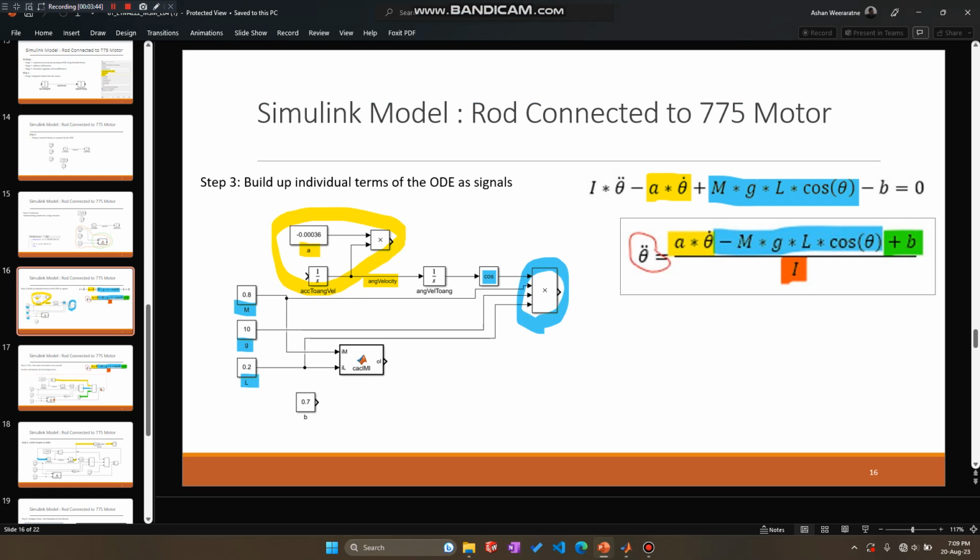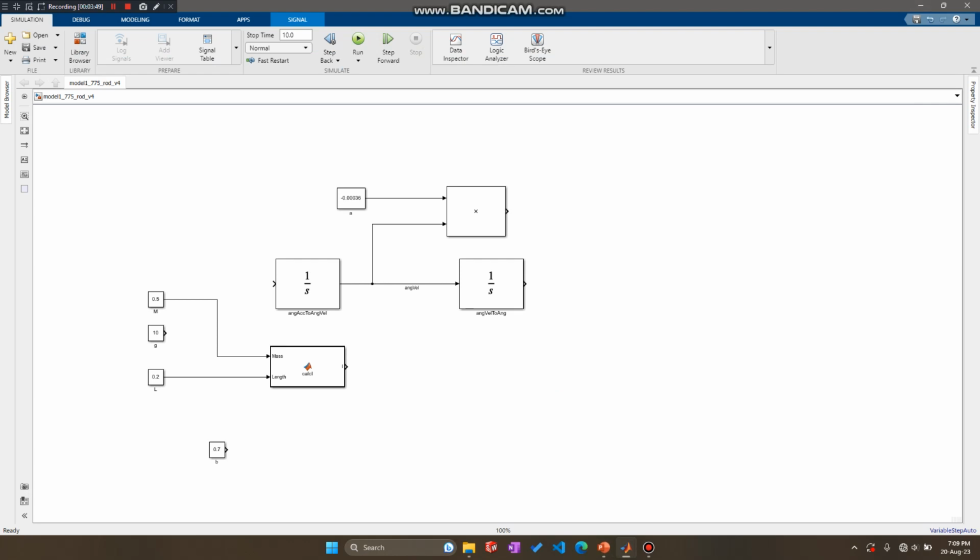So now let's take a look at this blue term. This is mgl times cos theta. So this would be theta. We are developing the block diagram in such a manner. So we need to obtain the cos value of this output signal. So I'll first bring in a cos block. Connect the signals.